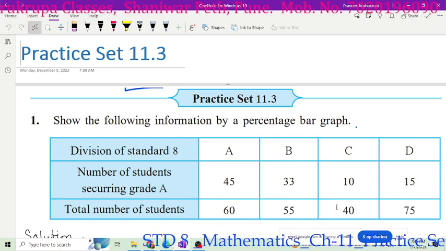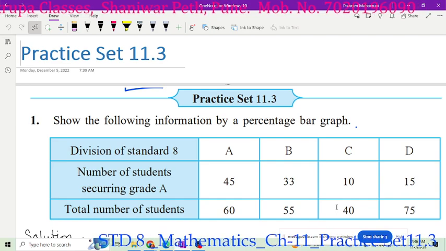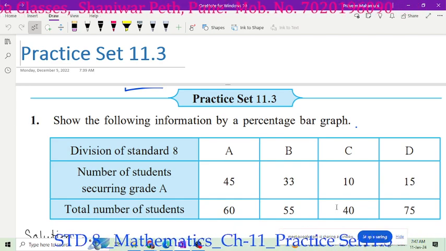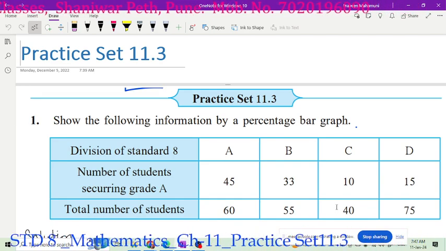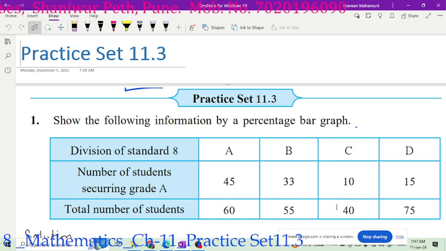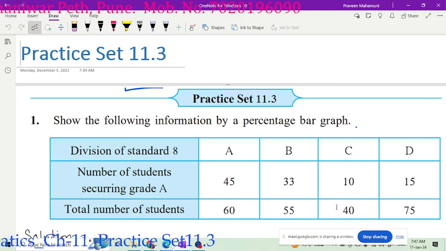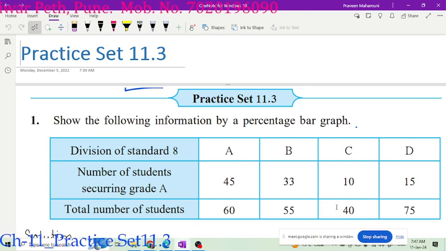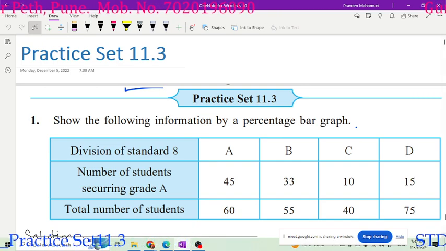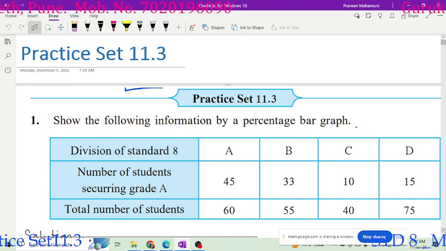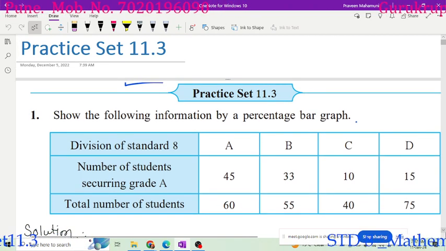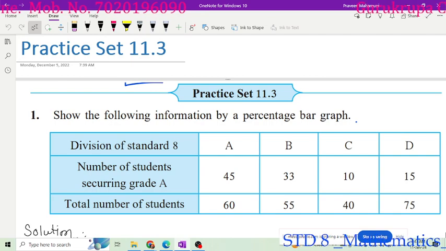As we know, we have to find the percentage of students securing A grade in each division. That would be our first step. So let's go to the solution and find the percentage for each division.